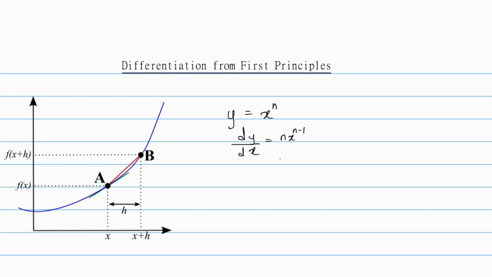Now, to analyze how we can differentiate any given function from the first principles, let us consider this arbitrary curve of arbitrary function f(x). So we take any two given points A and B, and we are going to evaluate the gradient at point A. So point A, the coordinate is (x, f(x)), and point B, the coordinate is (x plus h, f(x plus h)).